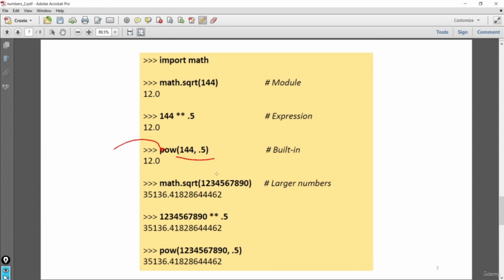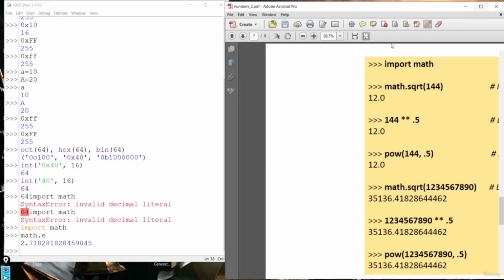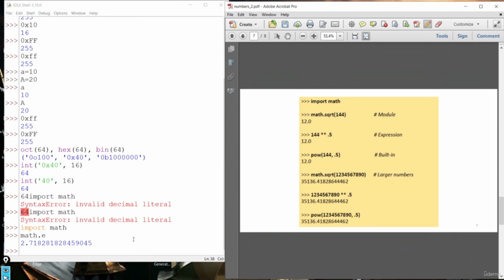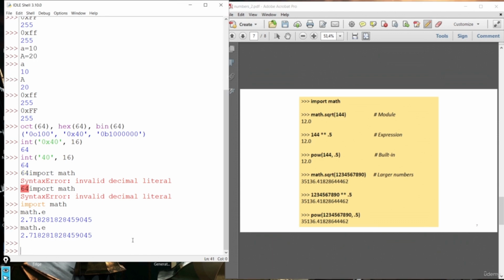Large numbers can also be calculated using functions of the modules. If we have a large number here, its square root is calculated. The same number can also be used for the square root calculation in this expression. Or we can use the power function here. So let me just practice this.